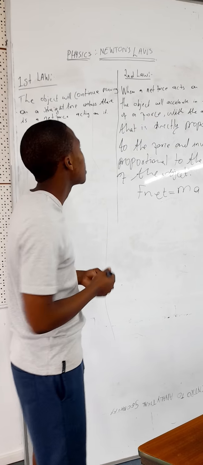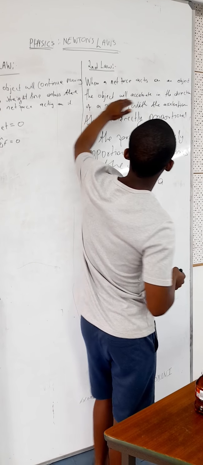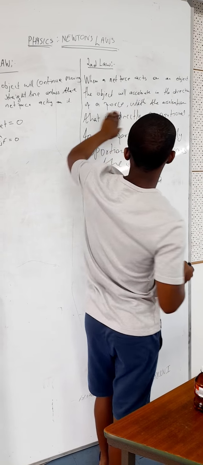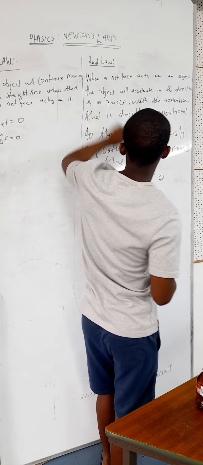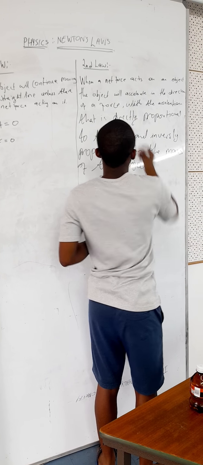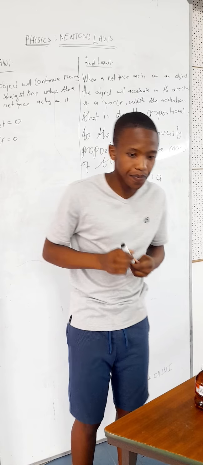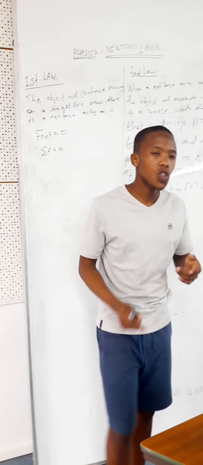So coming to the second law, what does the second law tell us? The second law tells us that when a net force acts on an object, the object will accelerate in the direction of a force with the acceleration that is directly proportional. So firstly, what does the term directly proportional mean?